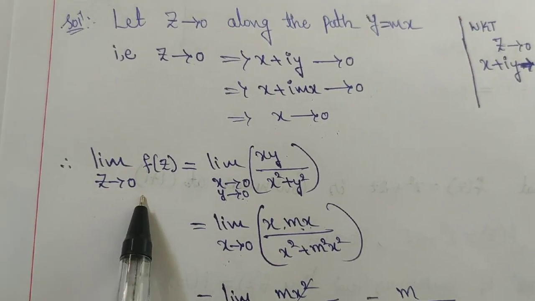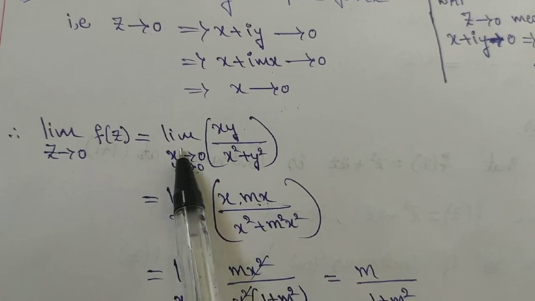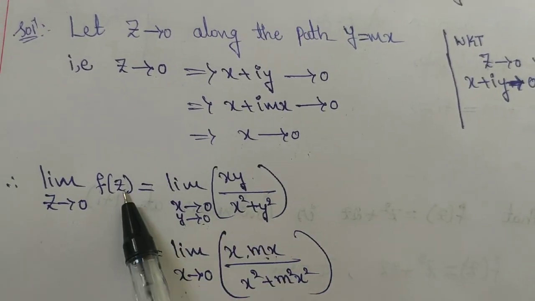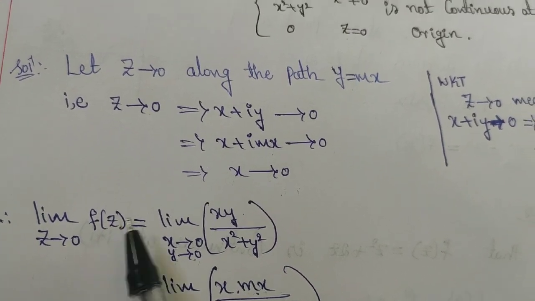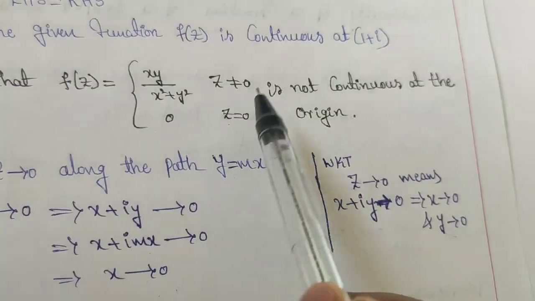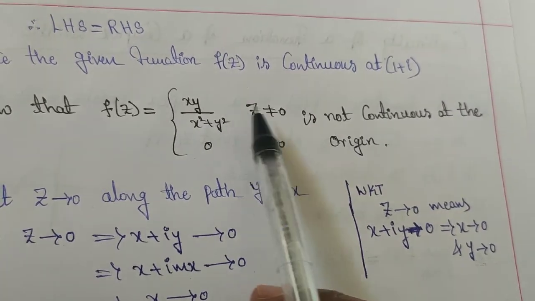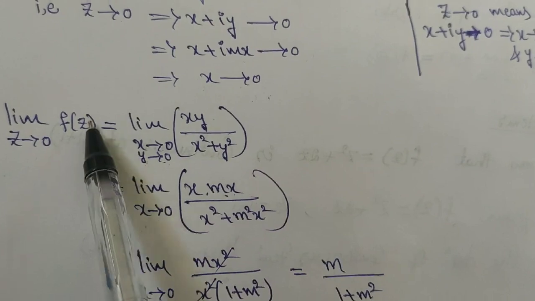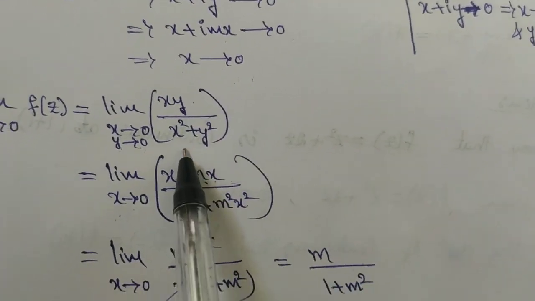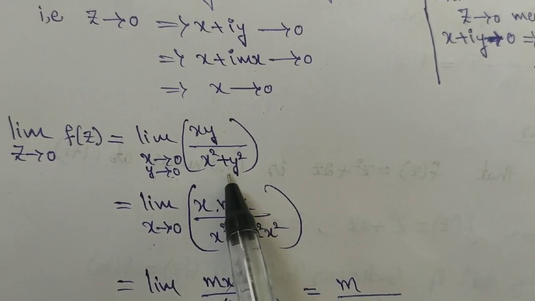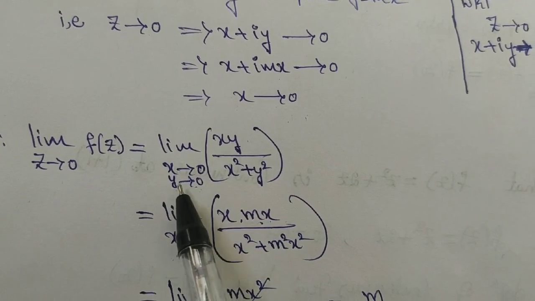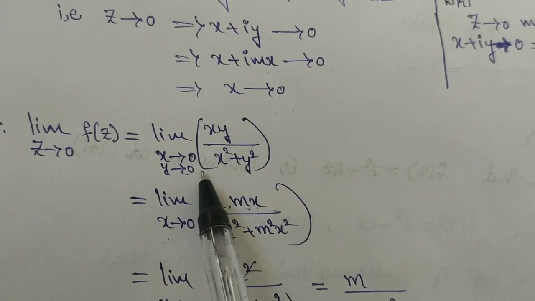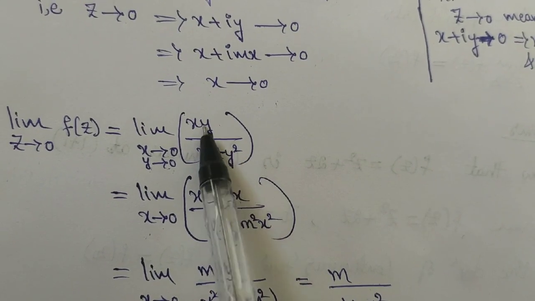Limit of z tending to 0 f of z is equal to limit of x tending to 0, y tending to 0, f of z. Substitute the f of z value given in the problem. When z is tending to 0, the value of the function is xy by x square plus y square. So write down f of z as xy by x square plus y square. See, I wrote here x tending to 0 and y tending to 0 also, both. Why? Because I am not applying the value of y here.